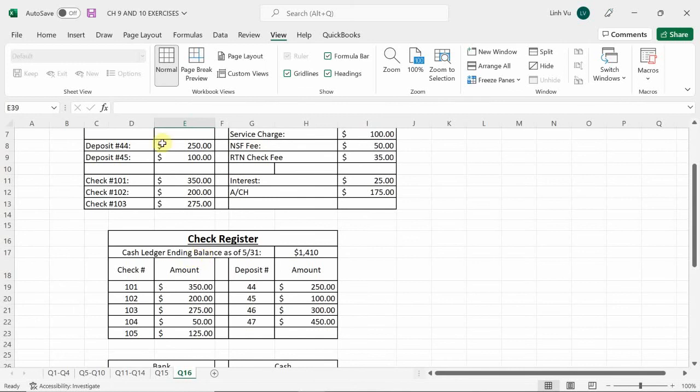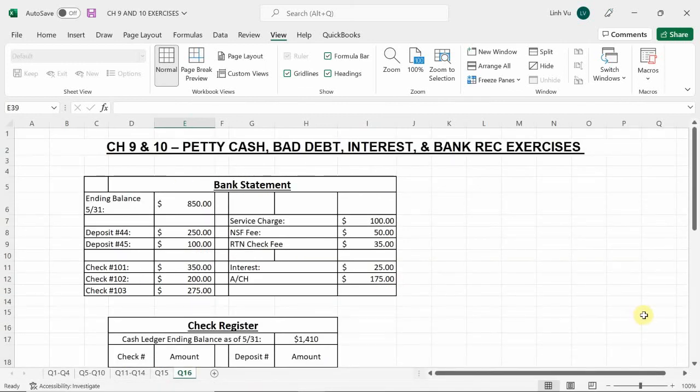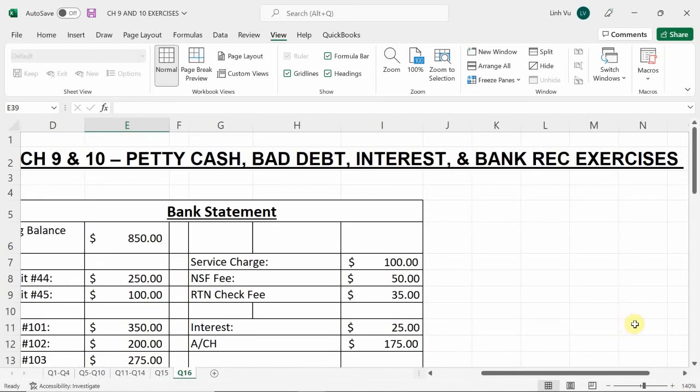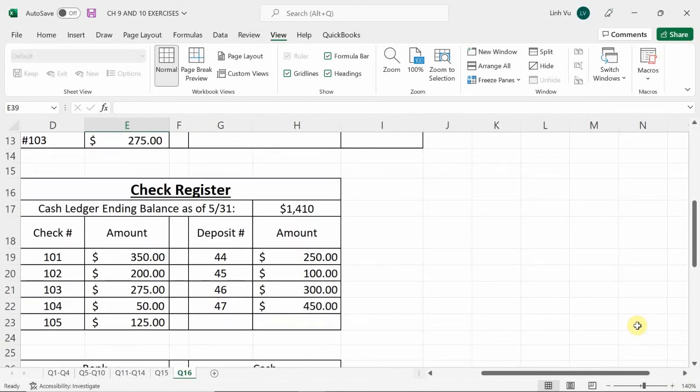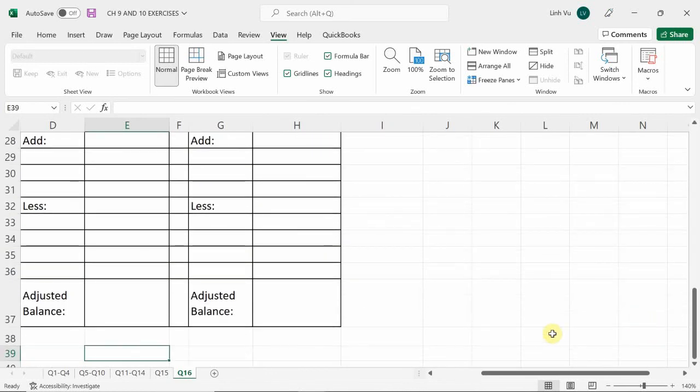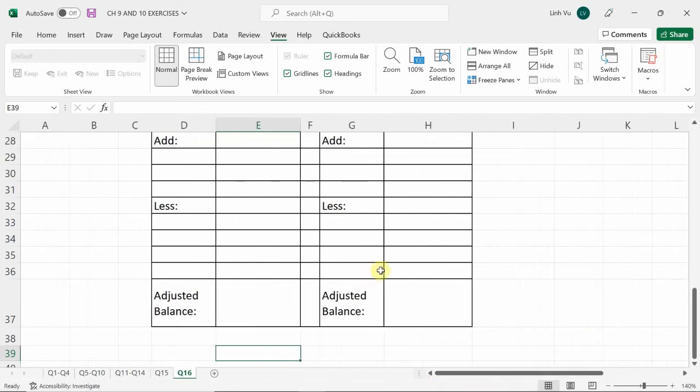It's very simple numbers. Here's a little table with all the information you need for your bank statement, and then I have everything you need for your check register. I will also be providing you the actual table to conduct your bank reconciliation.